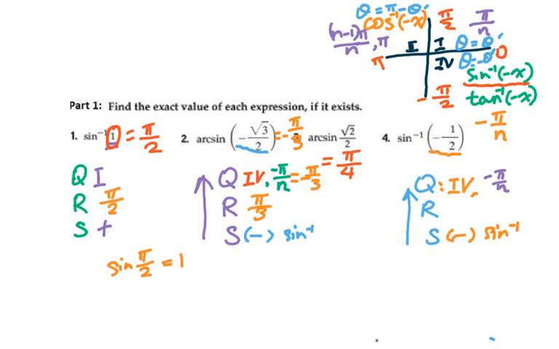For the reference angle, since sine pi over 6 equals 1 over 2, pi over 6 will be the reference angle. Then the answer will be negative pi over 6. So I write down negative pi over 6. That's the answer to question 4.